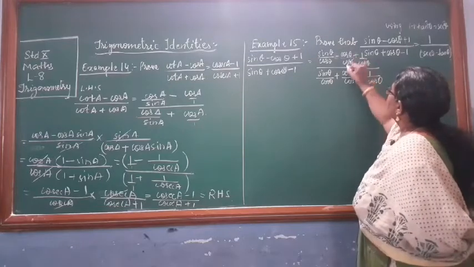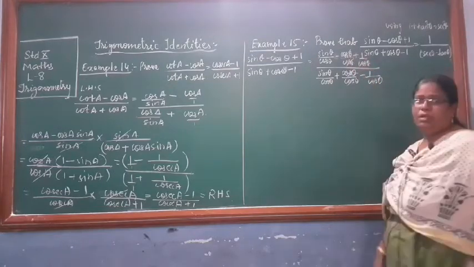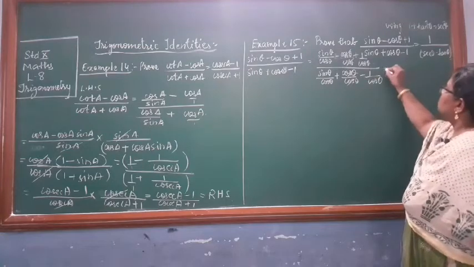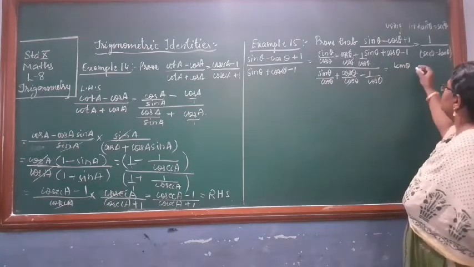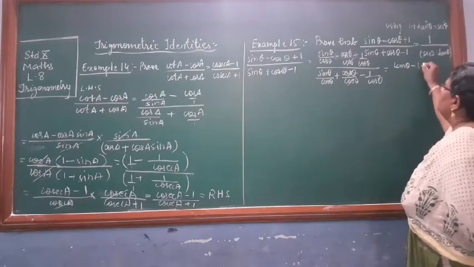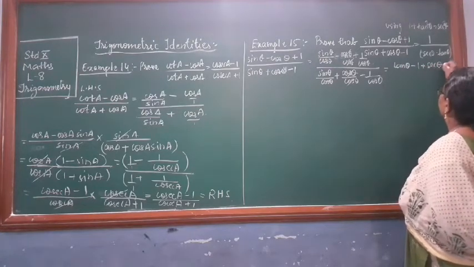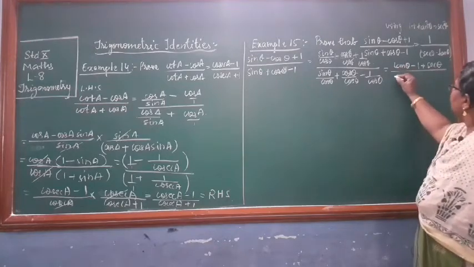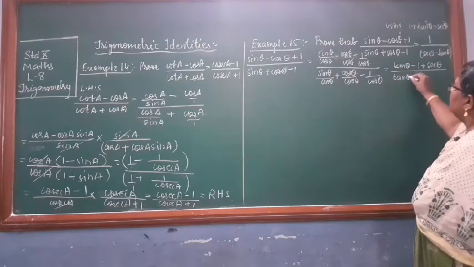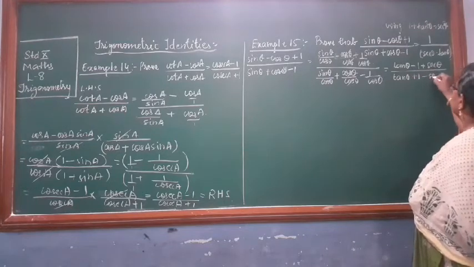Cos theta cancels out here. Sin by cos is tan theta. So I got my equation as tan theta minus 1 plus sec theta upon tan theta plus 1 minus sec theta.